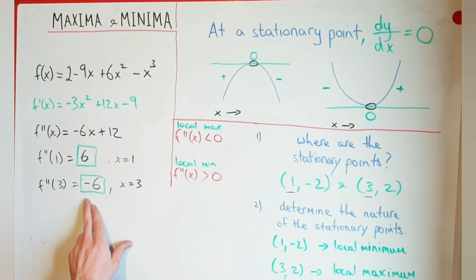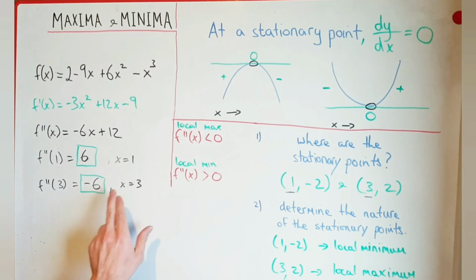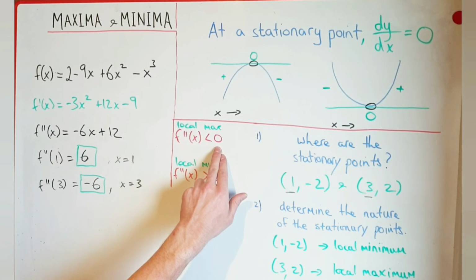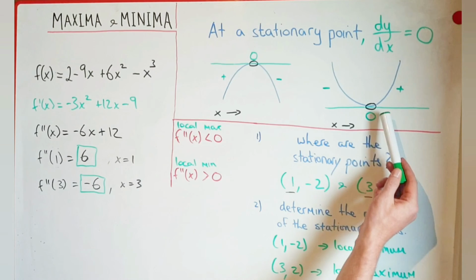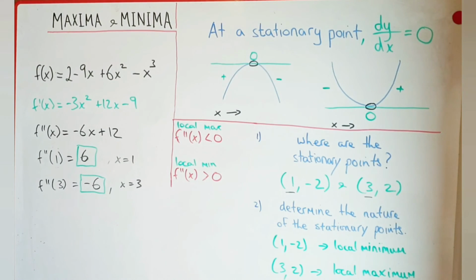And then conversely, if the value is a negative number, as we have here, which is minus 6, that would signify a local maximum in the function. So then we see here that our results are: turning point (1, minus 2) is a local minimum, which looks like this second diagram over here. And our second turning point, (3, 2), is a local maximum, which will look something like this.